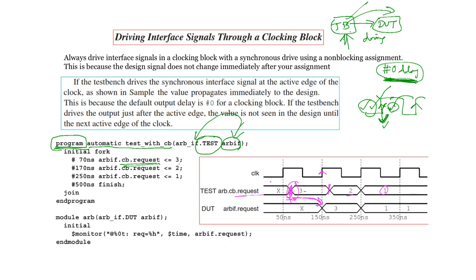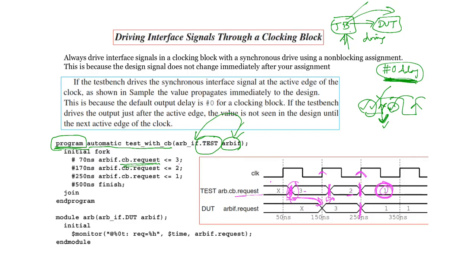Nothing. So again the signal is going to change at 170, and it should appear at the next clock edge. But at the next clock edge, what you are giving is that the request signal is going to change to 1. So this 1 is effective at the next clock edge.